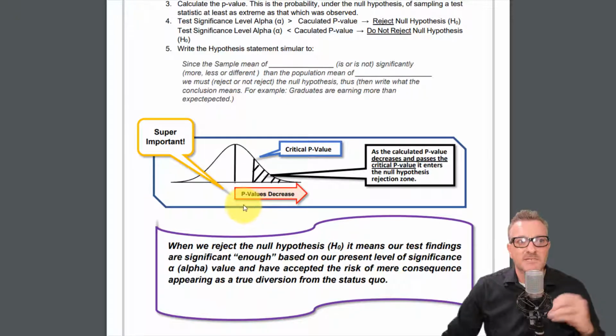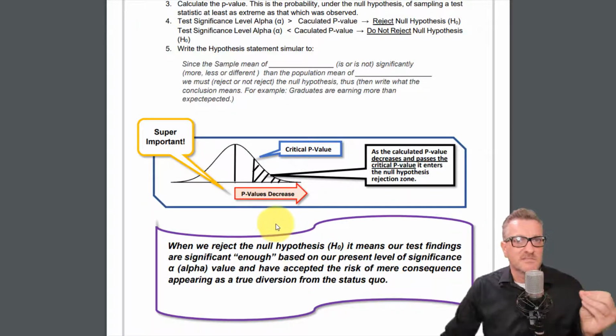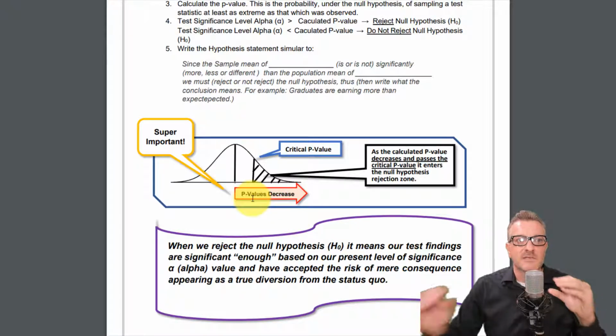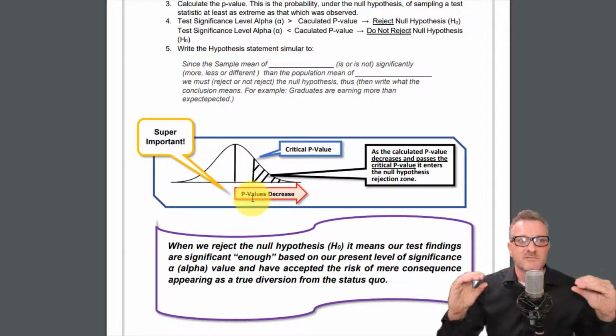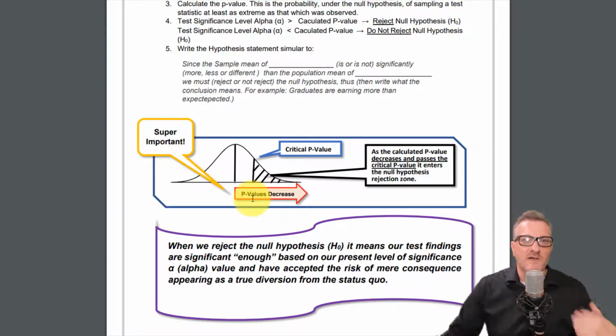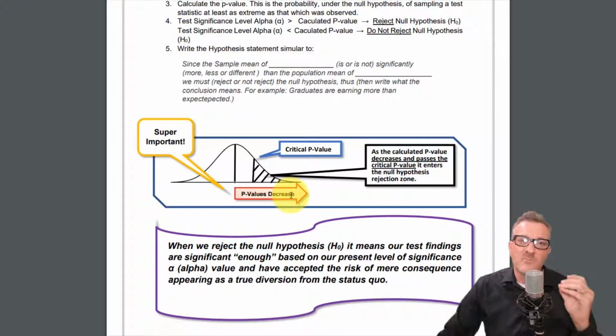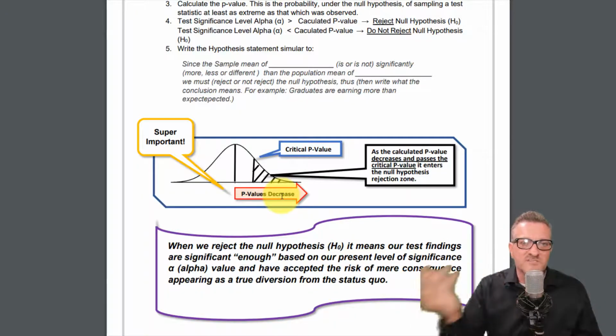With z-scores and calculated scores, like the t-score, as we move further out, the t-score actually increases. So they're flip-flopped. They're both doing the same exact thing. It's just that as we move further out, the p-value scores decrease, where before with the rejection zone method, they actually increase. So we do the same thing, but it's just flipped.